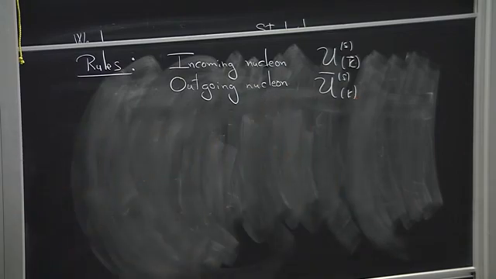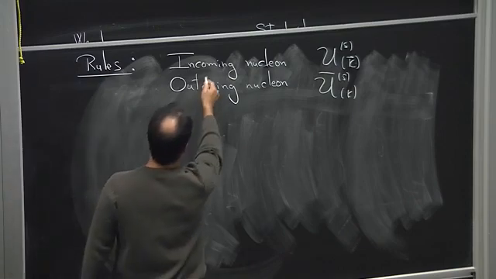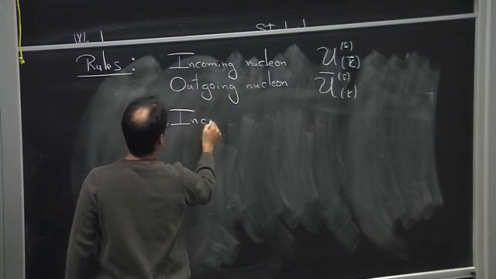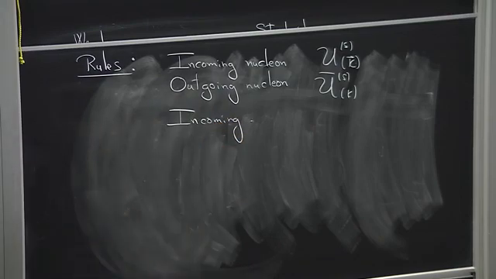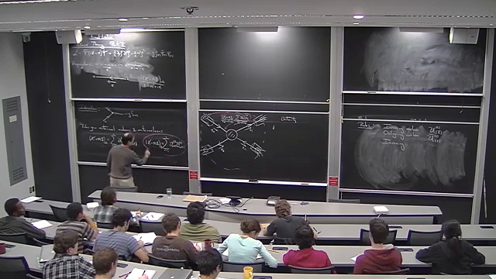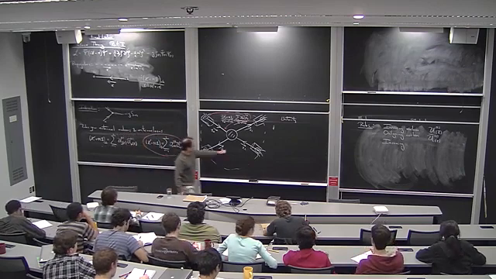Okay. Now we're going to do exactly the same thing for these ones. Now we realize that here the propagators will have a minus sign. Okay. And therefore, now we're going to use this part for these guys.